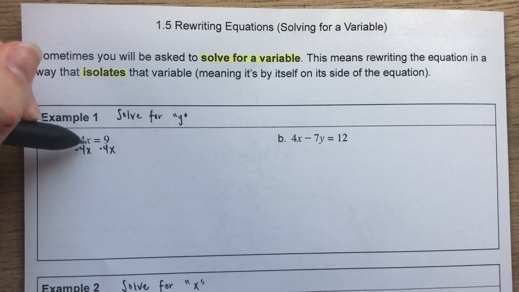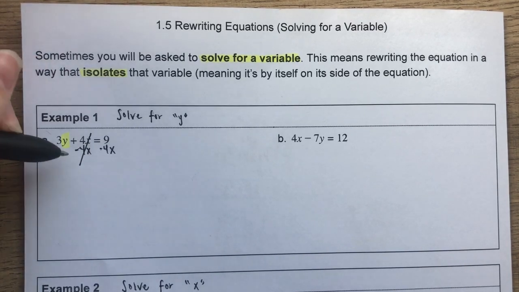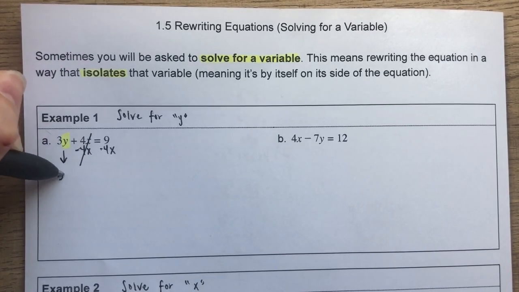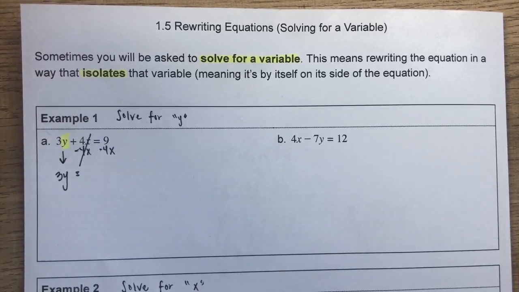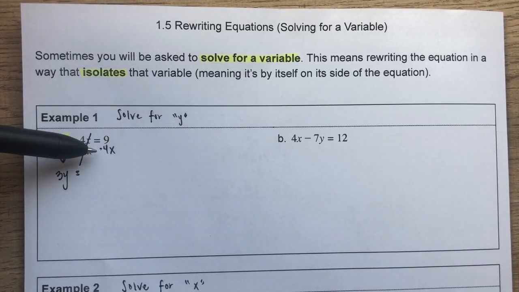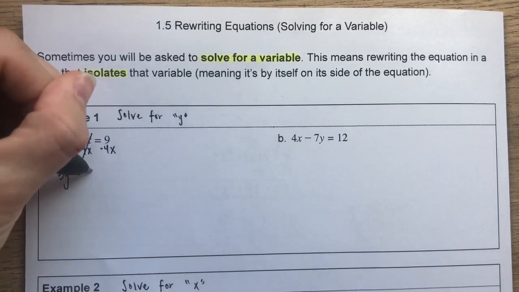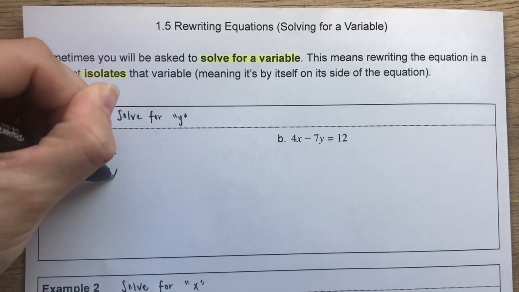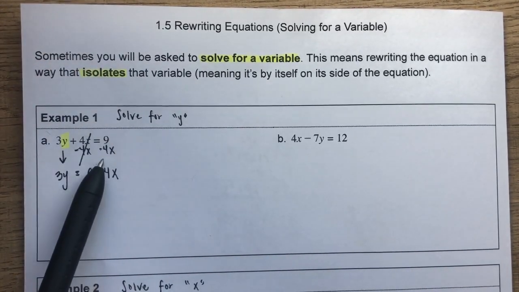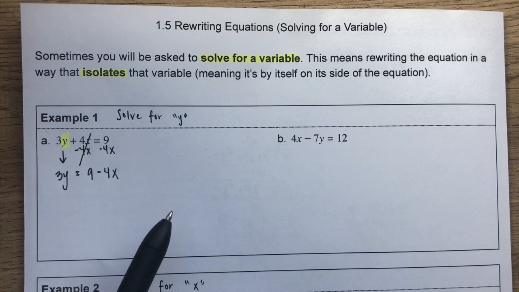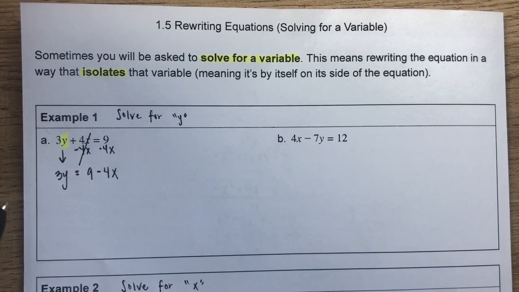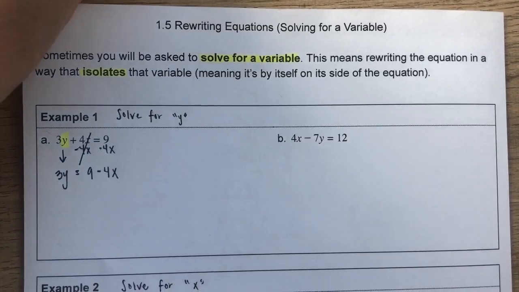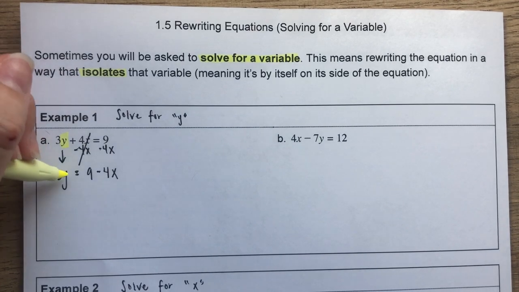So then 4x minus 4x cancels out. I can bring down my 3y, and then I have 9 minus 4x. You could also write this as negative 4x plus 9 if you like the variable to come first. It's up to you. And so now I have 3 times y equals 9 minus 4x.